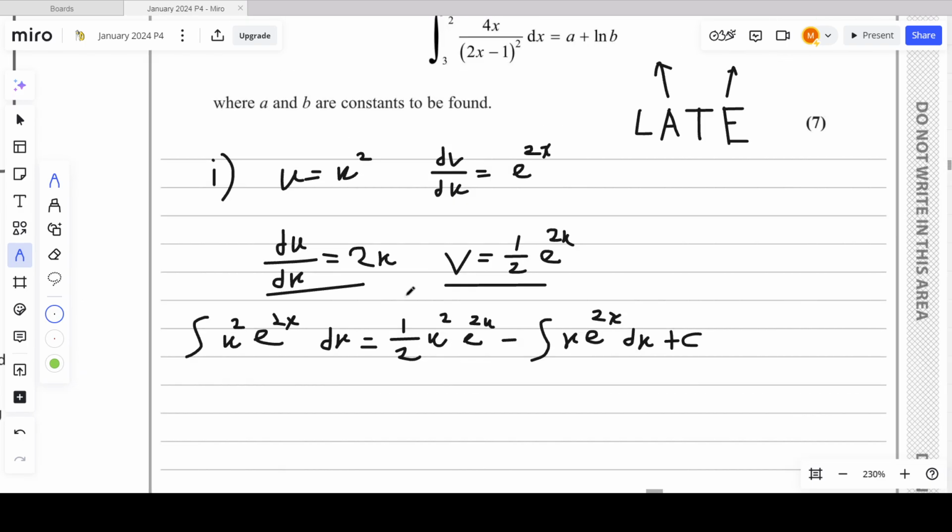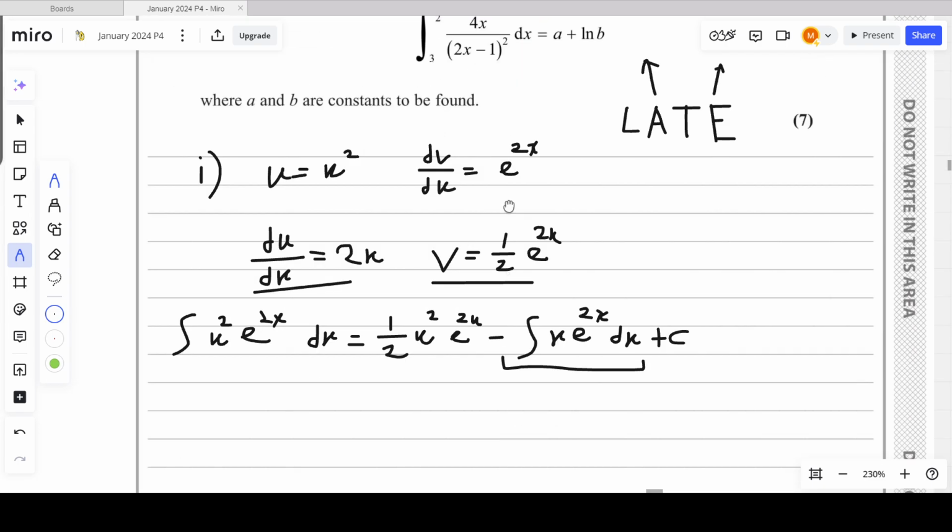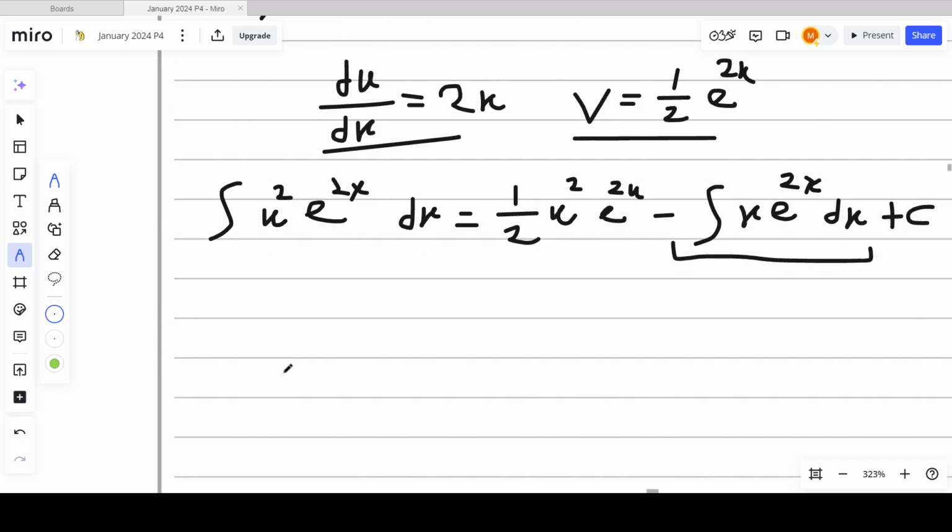No, we are not done yet, because there is still an integral remaining. We need to integrate that. How? By the same parts rule again, with the same sequence LATE.